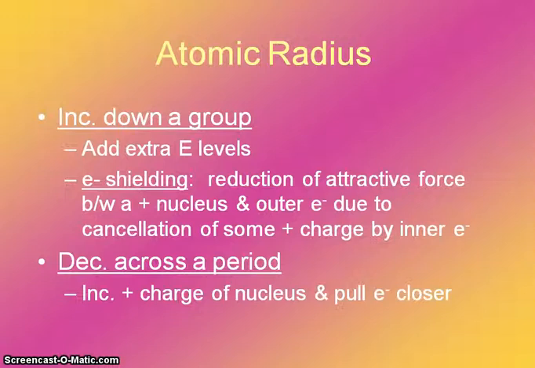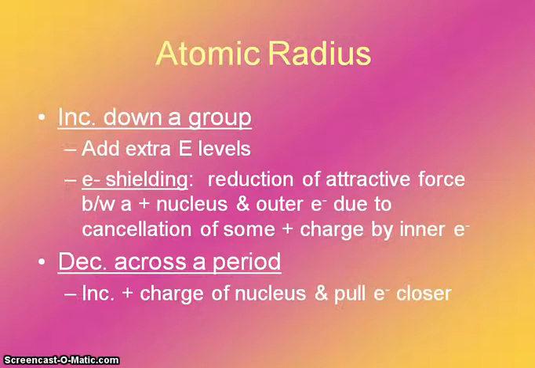So by the time you get all the way to the 6th or 7th energy level, then you're pretty far away from the nucleus, and many of those inner electrons have already canceled out a lot of the proton positive charges, and therefore the nucleus won't be able to hold the outer electrons as close or as tightly to the nucleus.